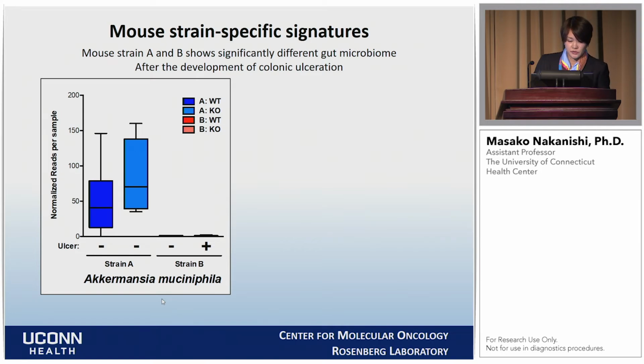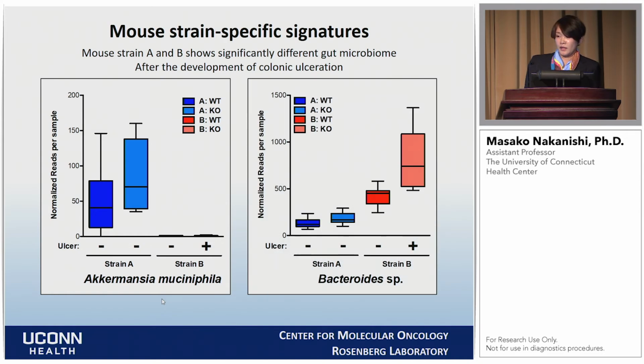And as you can see, the species Akkermansia muciniphila was significantly decreased in the strain B mice. And the opposite profiles were also seen, where the Bacteroides species were increased in the strain B mice, but the levels of this bacteria remained low in strain A.